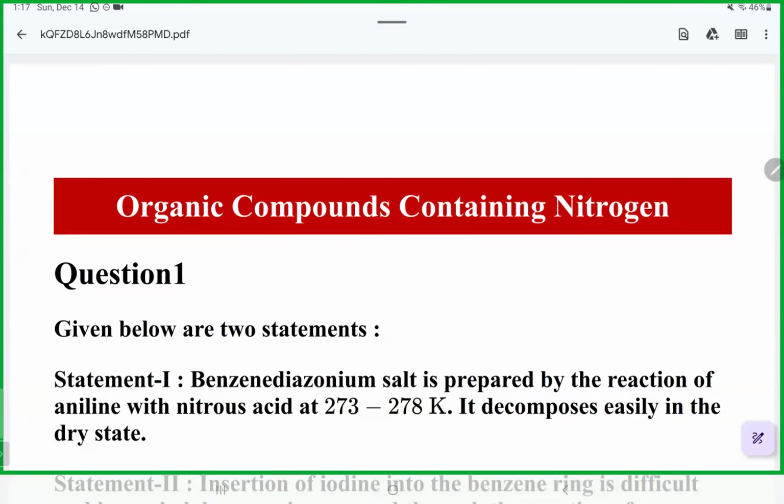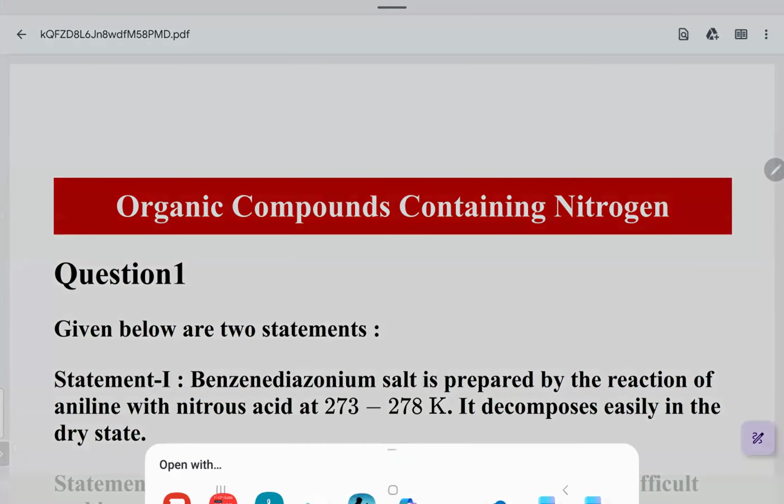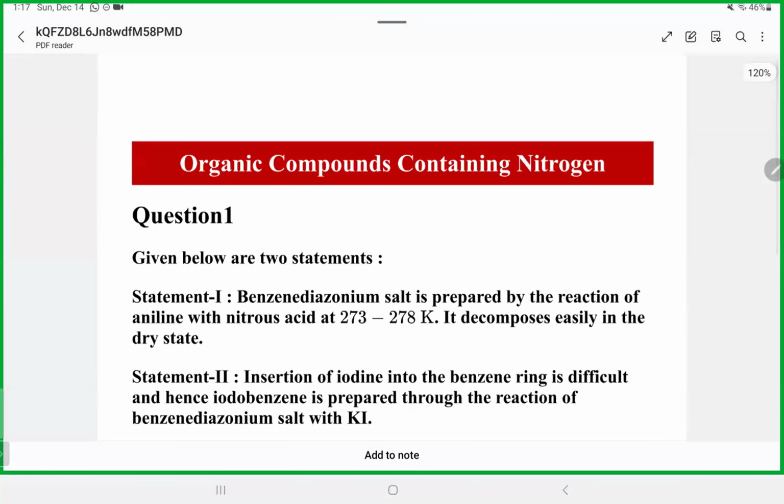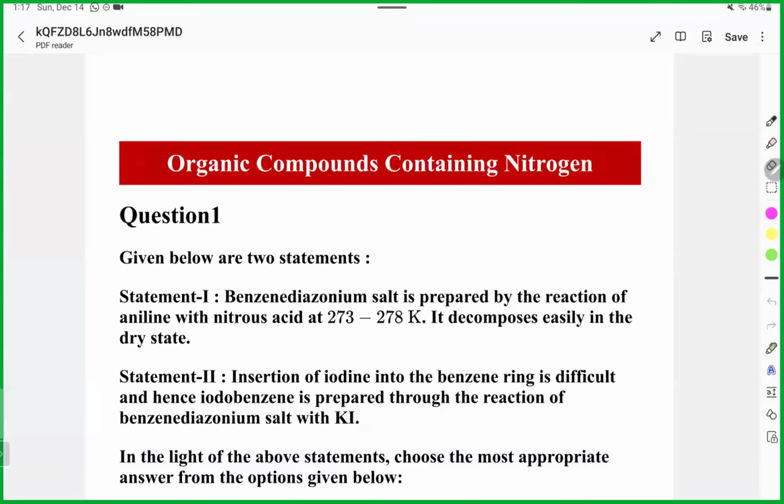First question. Benzene diazonium salt. Who will tell? Pratigya: Benzene diazonium salt is prepared by the reaction of aniline with nitrous acid at this temperature. It decomposes easily in the dry state.